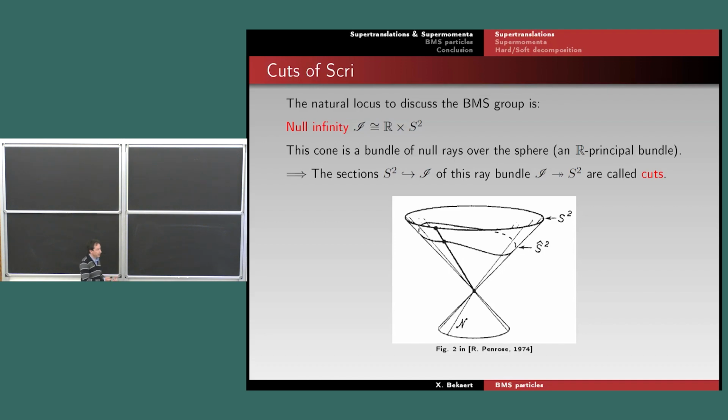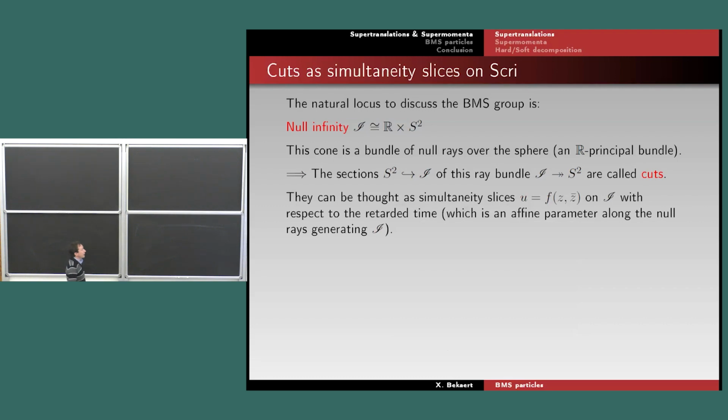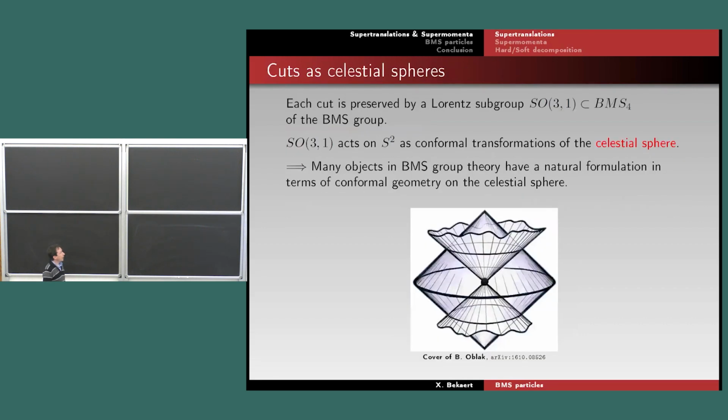I introduce them because the wave functions, the analog of wave functions in position space, for BMS representations are wave functions on the space of cuts. In terms of conformal, or Carrollian, geometry, they can be thought of as simultaneity slices on scri, with respect to retarded time. Each cut is preserved by a Lorentz subgroup of the BMS group, which acts on this sphere.